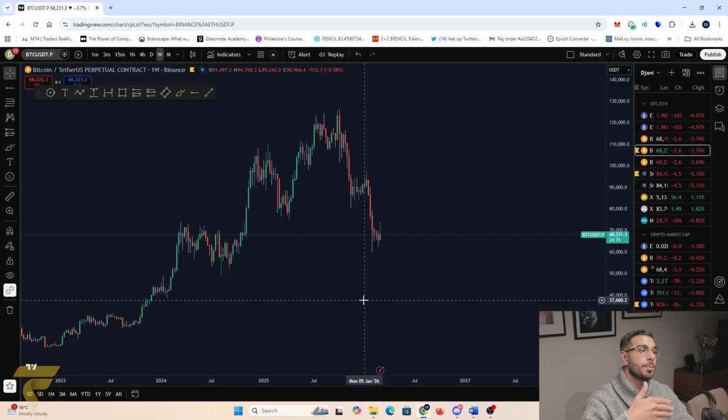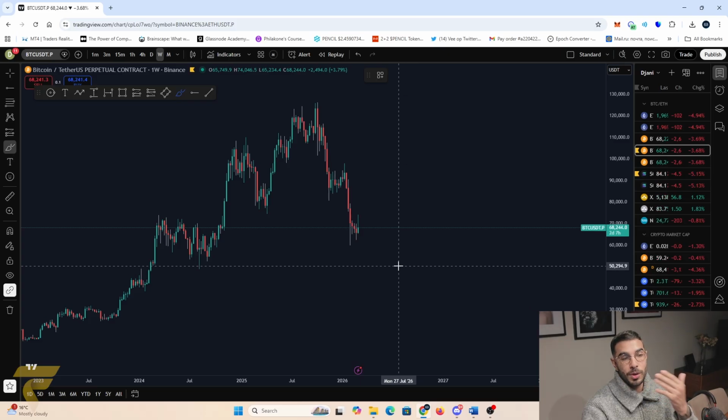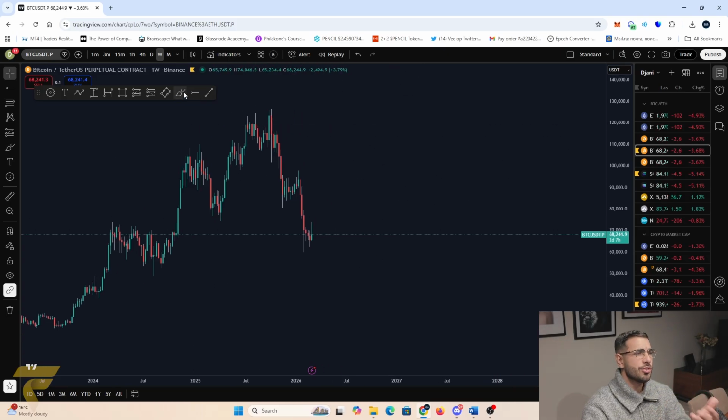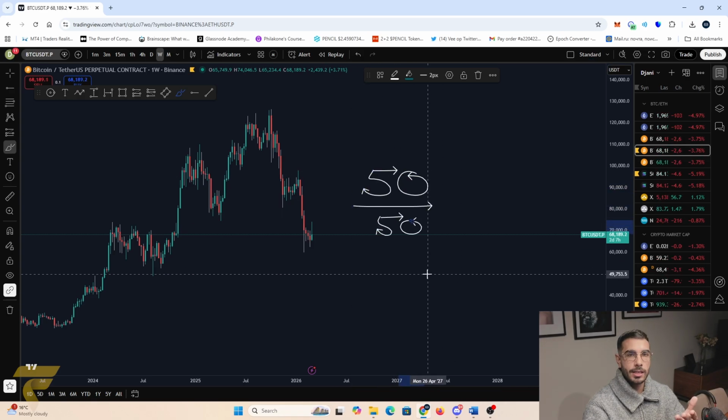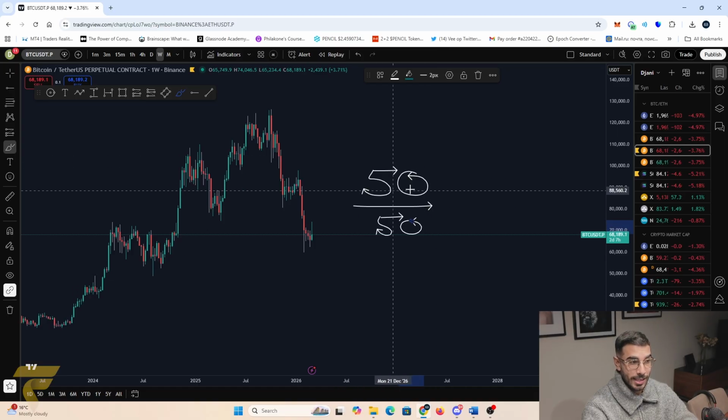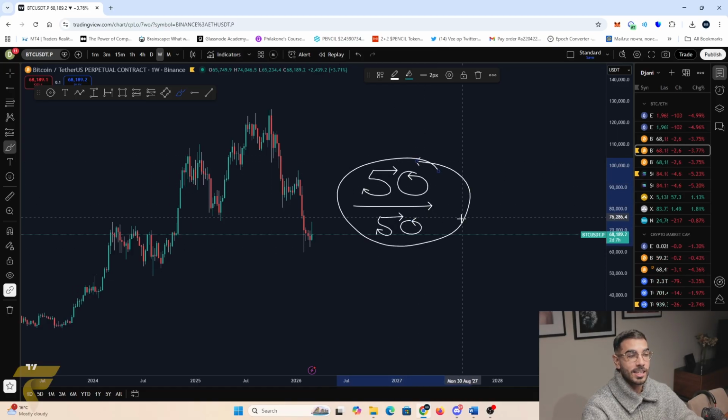So that's where people usually say, hey, trading is gambling. If you don't know what you're doing and you're just clicking random buttons without putting much thought into it, you need to understand that whatever you do has a 50-50 chance, a 50-50 probability. And this, in its essence, is obviously gambling related.